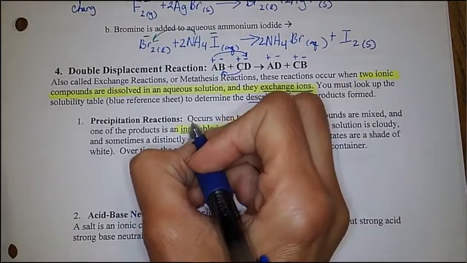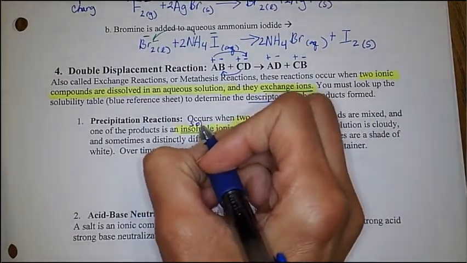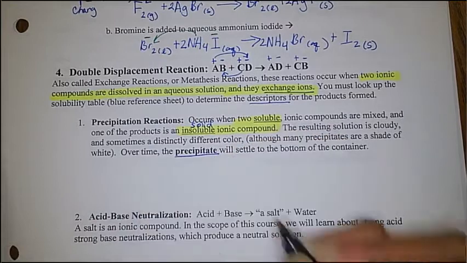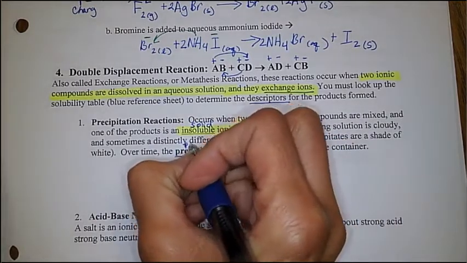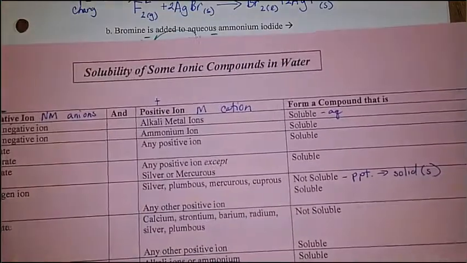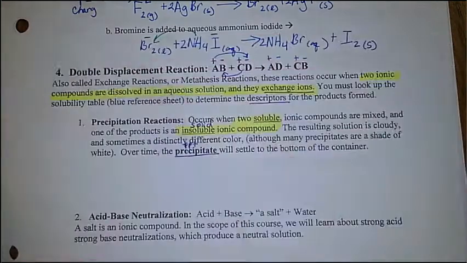When I say it's insoluble, I'm saying that it's a solid that's going to form, and it's going to be a very cloudy substance. A lot of the times we say that it is a precipitate, or I initialed it on your chart as PPT. So on your reference chart, this is the precipitate that's mixed in with your aqueous solution.